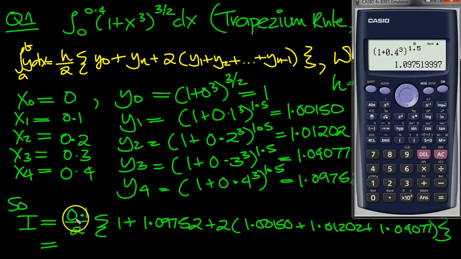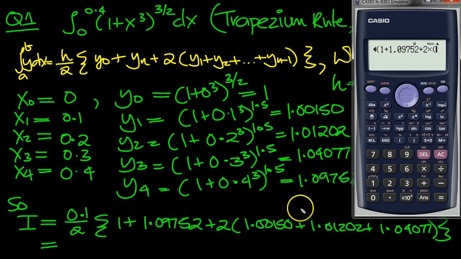Now we just need to tap it in the calculator. So let's get our calculator then. 0.1 over 2 times bracket 1 plus 1.09752, plus 2 times.